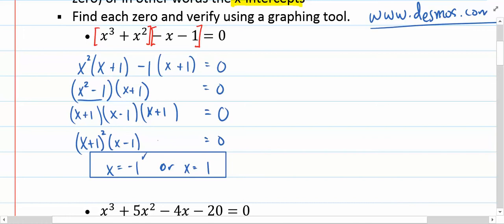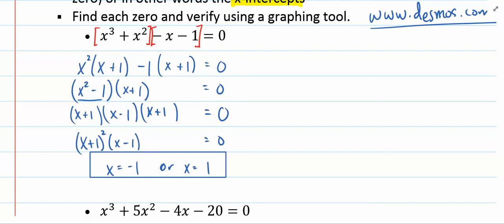That's why we would say that -1 is one of our solutions. And for the other solution, we would say +1, because if we placed a +1 in place for x in this equation, when we get here, 1 minus 1 is 0. That 0 times this result over here on the left would again make the entire equation equal to 0.